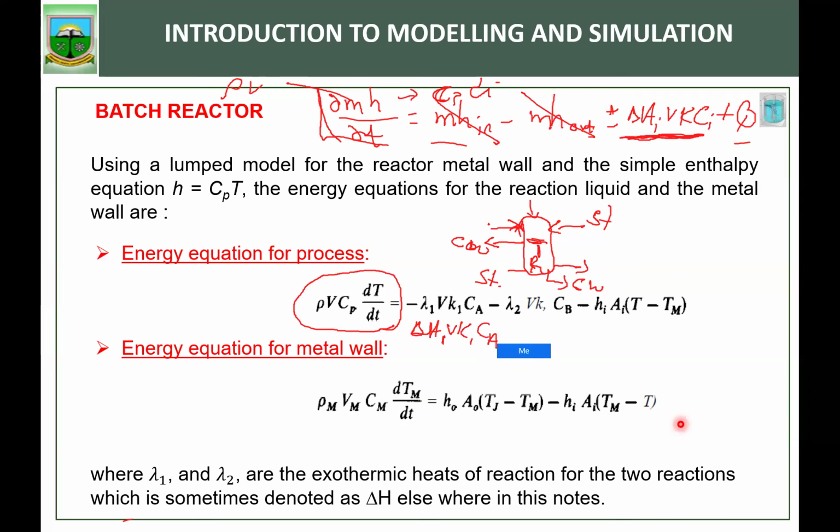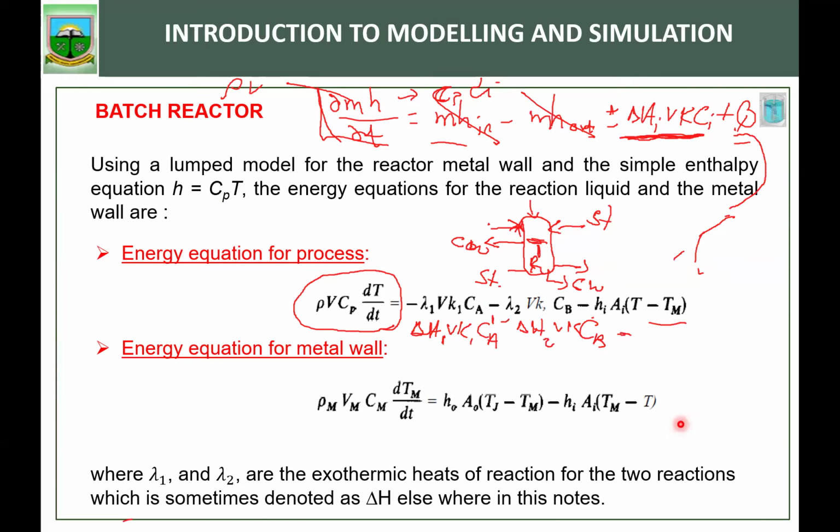You remember it is what? First order reaction. So it's going to be raised to the power 1 here. Then minus the second reaction, H2 V K2 Cb. Minus this one, this Q is the same as Newton's law of heat transfer.